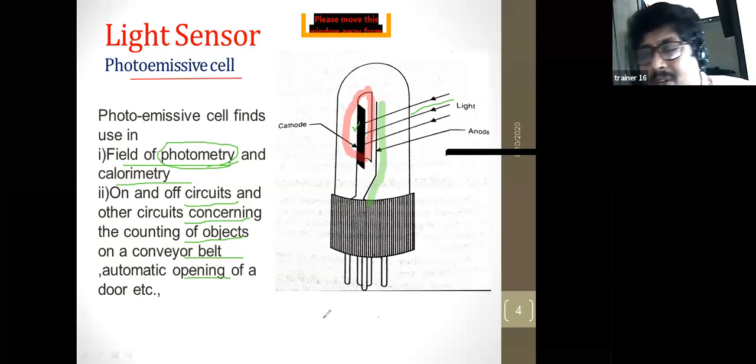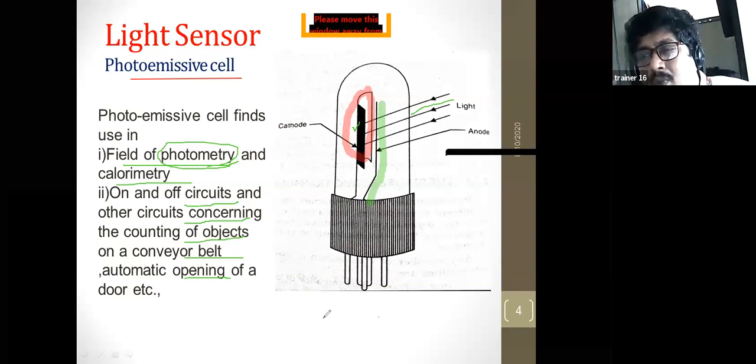Here, measurement of light means, see here, any object in the world or in the universe emits radiation. For example, I am seeing the wall. See here, the wall is in white color or some brown color. So how can I say the radiation emitted is received by the eye?